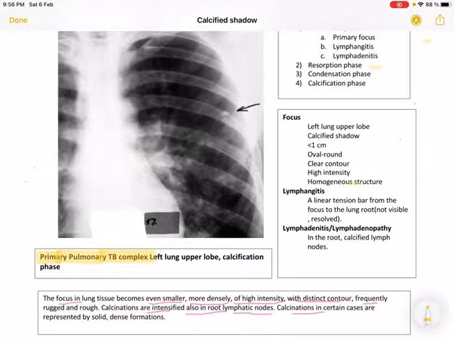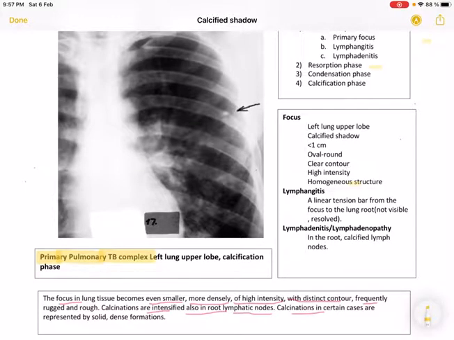If it is extrapulmonary, we say extrapulmonary, for example TB of the GI system, TB of the meninges, TB of the joint. But in this image, it is in the lungs, so it is not extrapulmonary TB. It is a pulmonary TB.